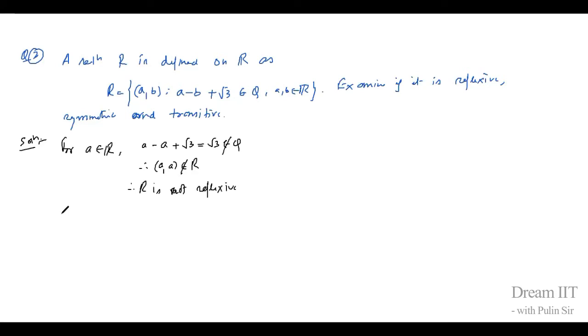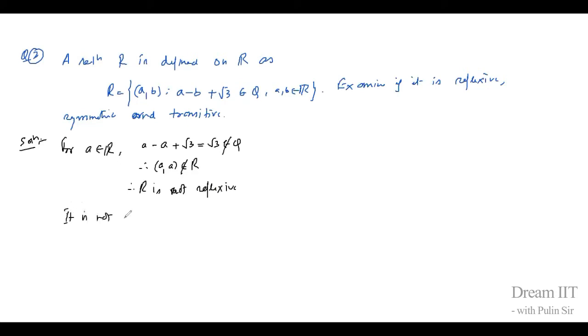Now let us try for the symmetric one. Let's see what will happen. It is not symmetric as well, right? So for that directly we'll consider the counter example. So first we'll get the conclusion in this case.